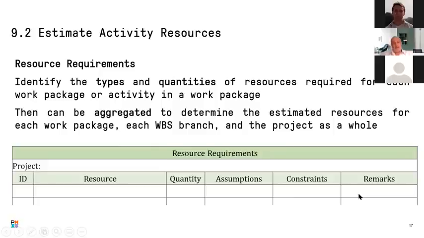One of the things that PMI is really pushing for is the documentation. So resource requirements is to write down what requirements you need in your project, which will help you when you are acquiring later on to remember what is needed, how many are needed, and any assumptions that you have made. One of the things you need to remember, assumptions and constraints, you will find are repeated issues in many of the processes.